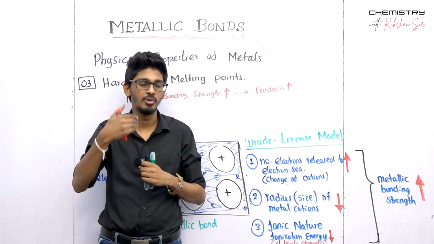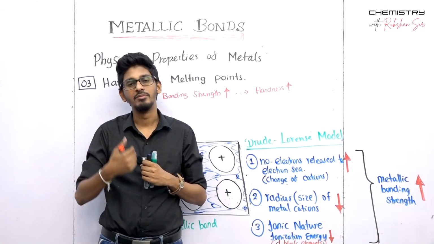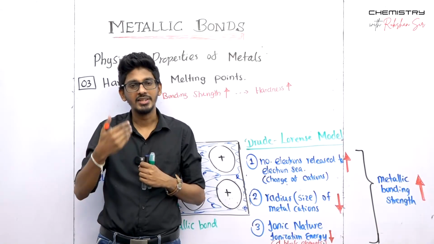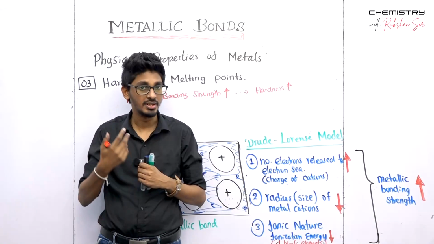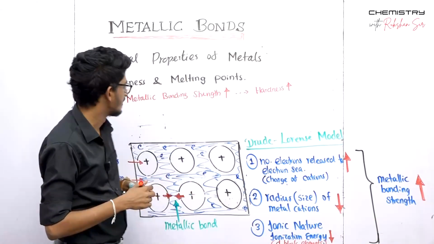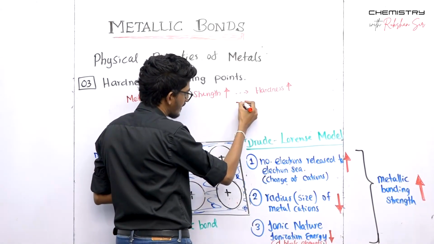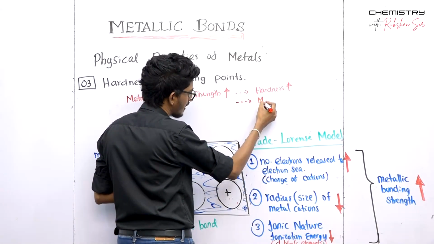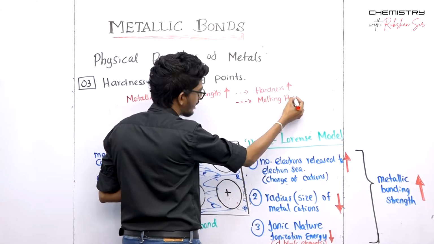That means when the metallic bonding strength is high, the melting points will be high. So when the metallic bonding strength is high, hardness is high, as well as the melting points of your metals are high.